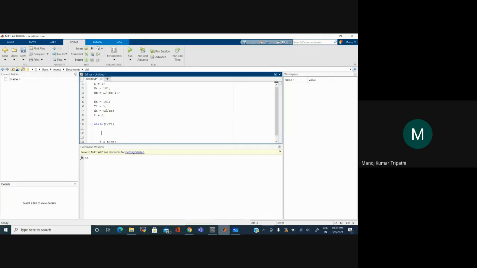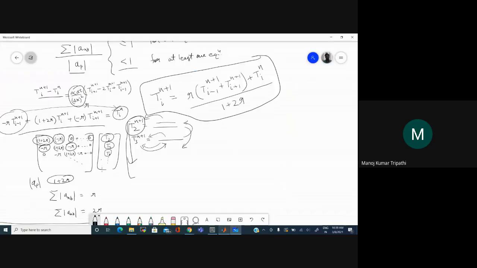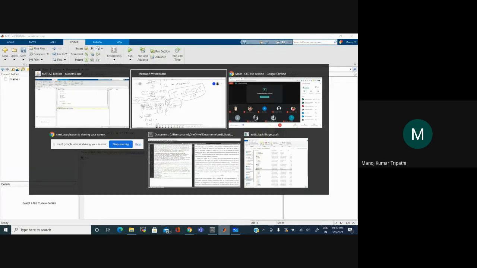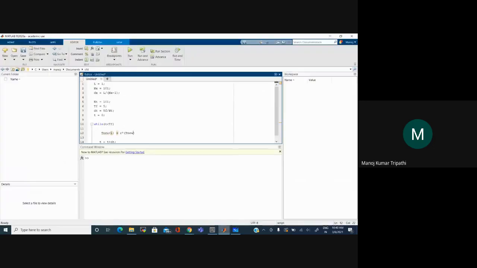We will write T_new(i) equal to r times, we have to define all these parameters, r and other things, T_old(i minus 1), this is i plus 1.